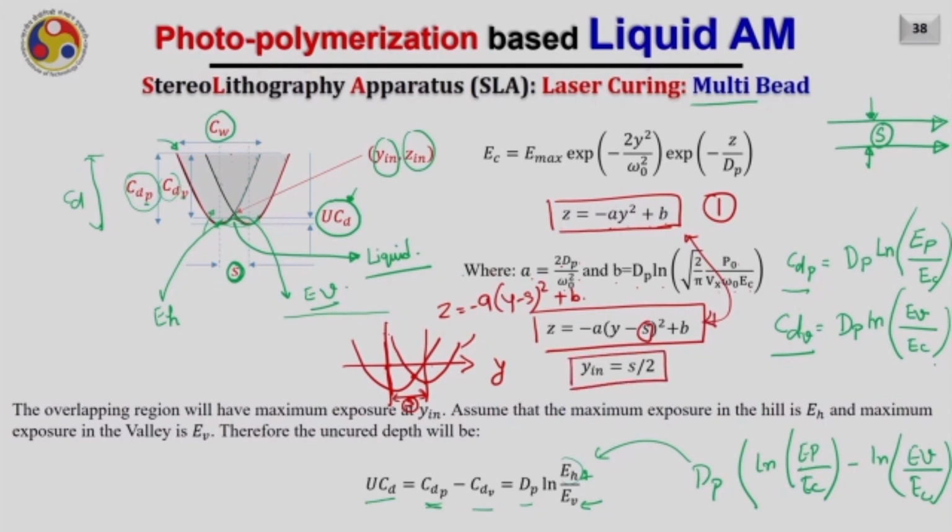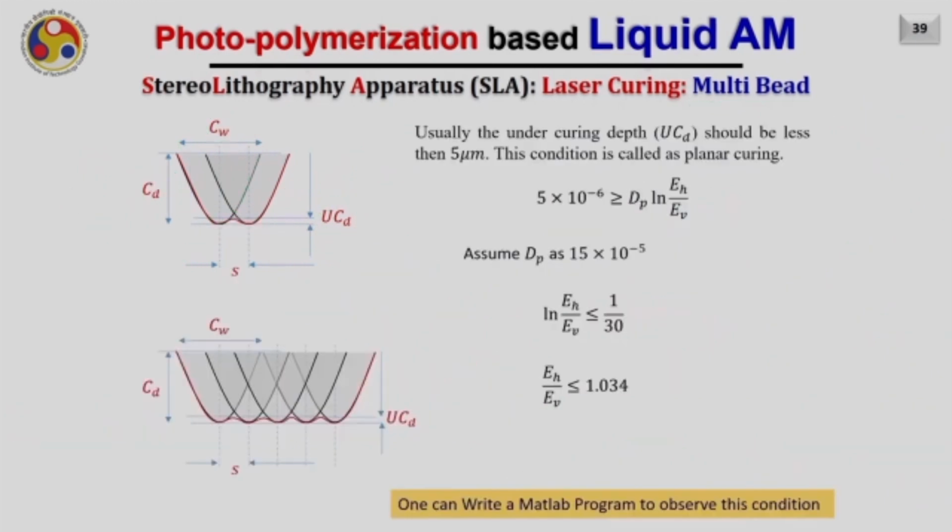Okay. So now let us try to find out the energy in this zone. When can we say that this uncured depth is satisfactory? We usually say the uncuring depth UCD should be less than 5 microns.